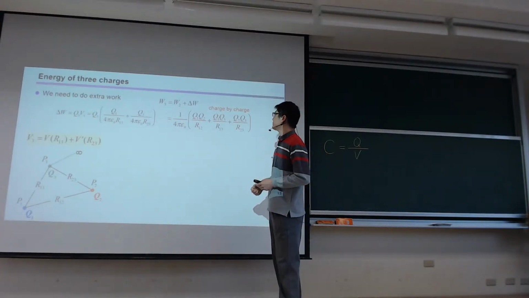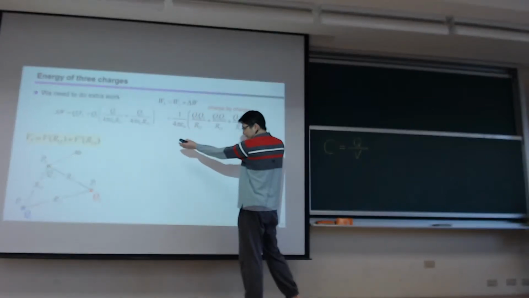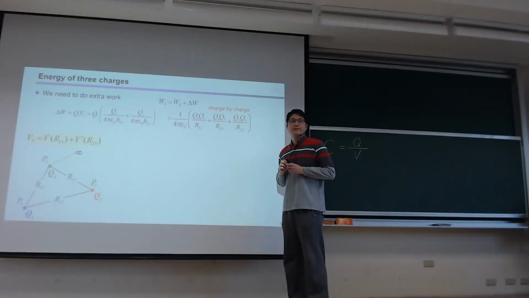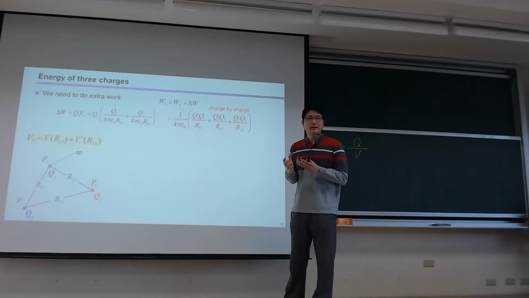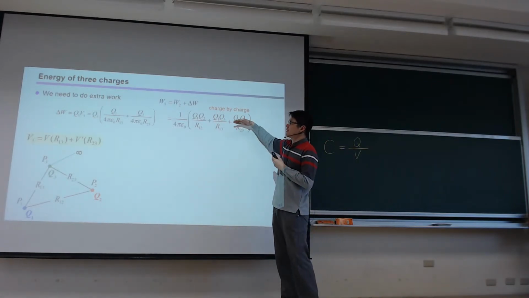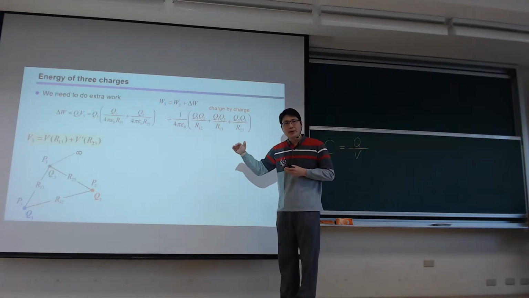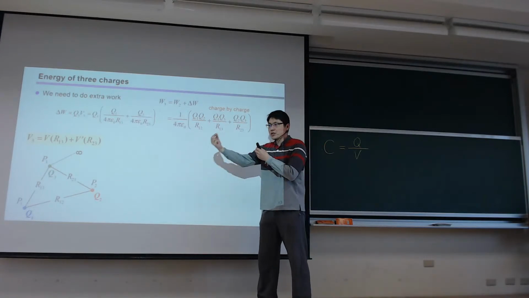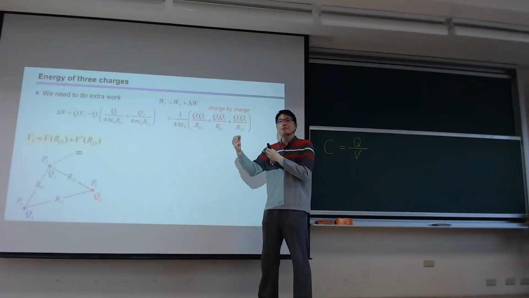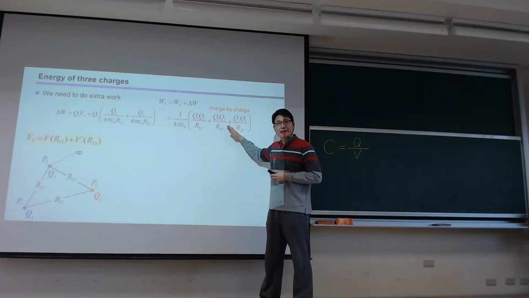Okay? So this is the correct formulation for the energy required. But again, we derived this correct result in a viewpoint that charge by charge is coming in, right? And therefore, we have the correct result.